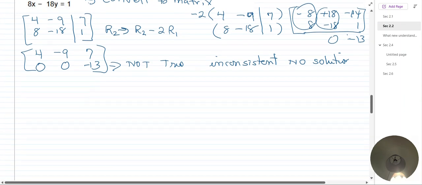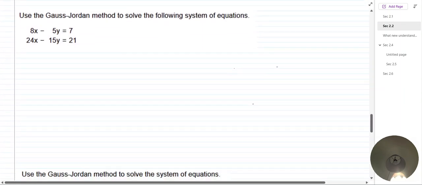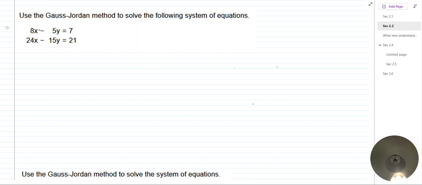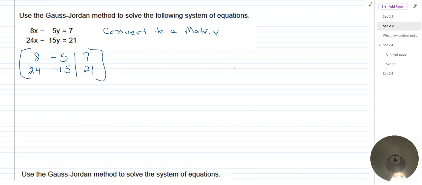All right. So let's see what the next one is. The next one says use the Gauss-Jordan method, and we can see what we have. We have x and y's, so we're going to convert to a matrix. All right. So I have an 8, a -5, and a 7. A 24, a -15, and a 21. All right.